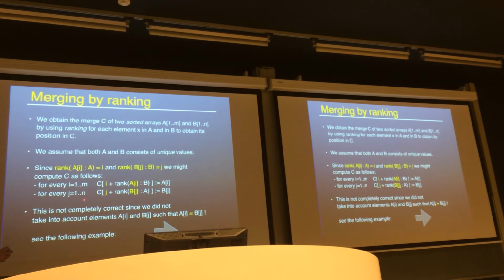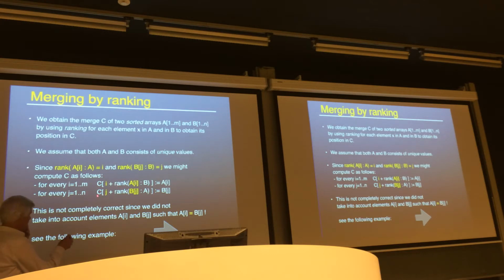And the same holds, of course, for B. If you take B_j, its index position in B is already j. You add to it the rank of B_j in A, and then at that position, you fill in the element B_j.